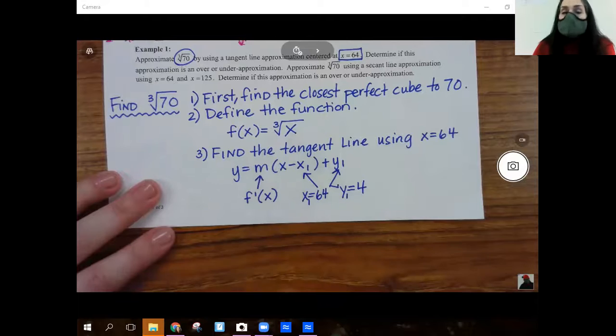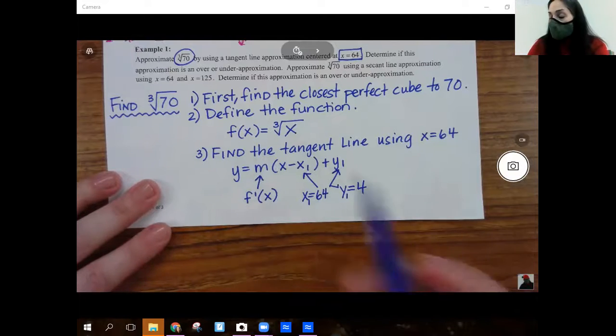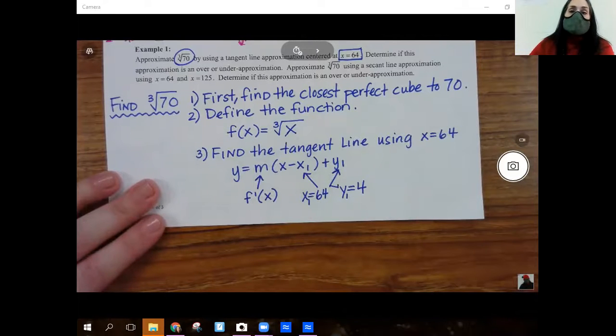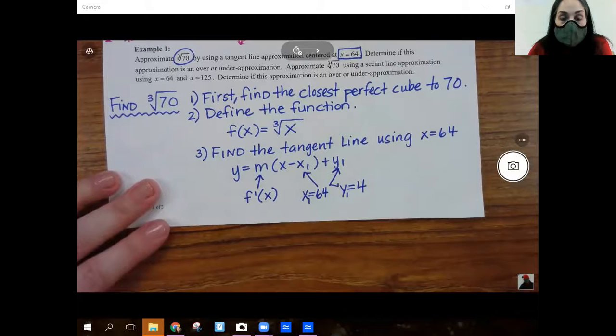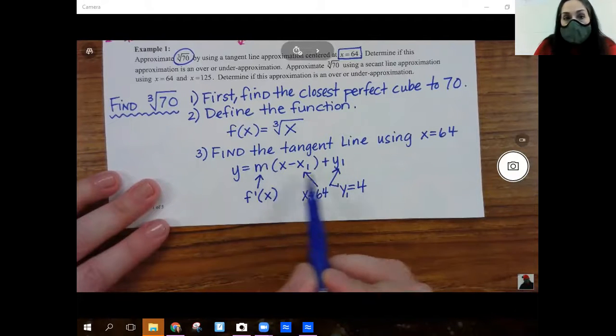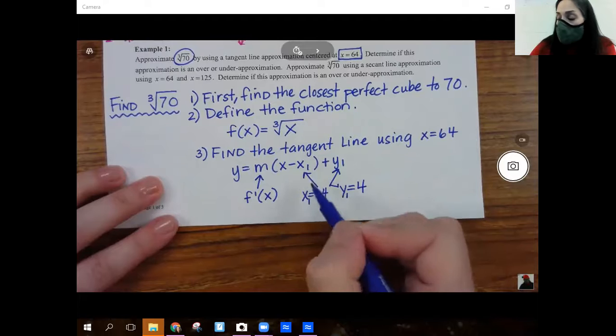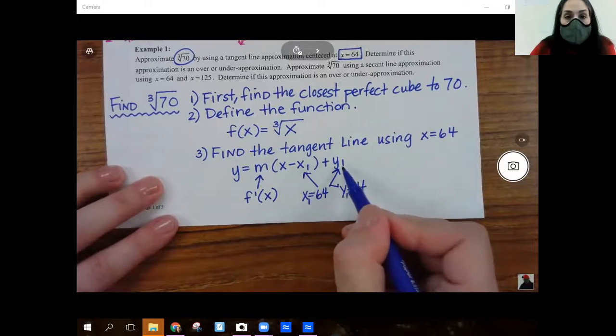If we were trying to find the square root of 70, our function would be the square root of x. If I was trying to find the natural log of 70, my function would be natural log of x. Now we're going to come up with a tangent line that's really close to that value, and we're going to use the perfect cube for the x1 and the y1.